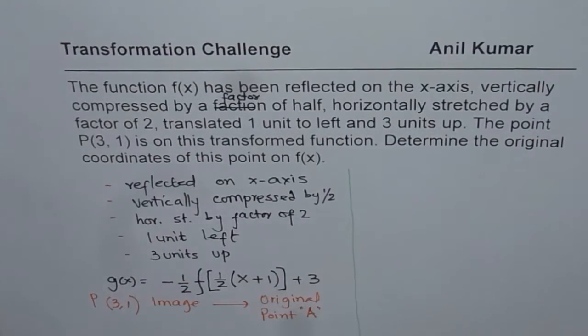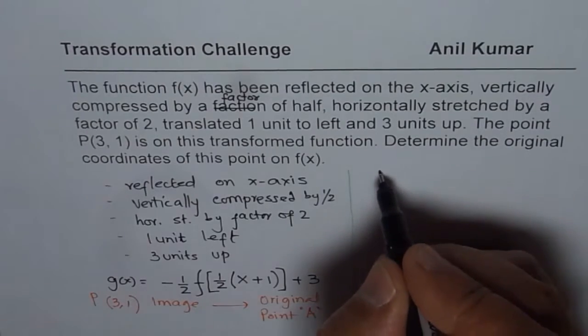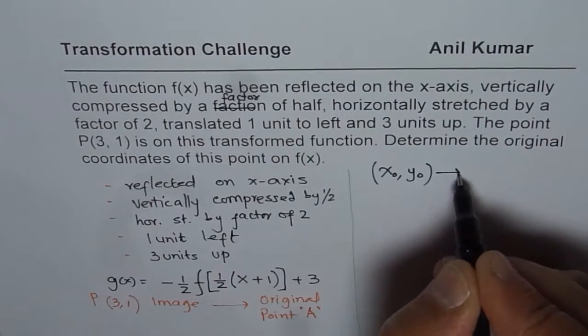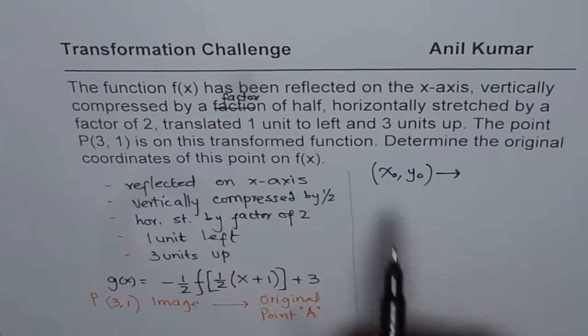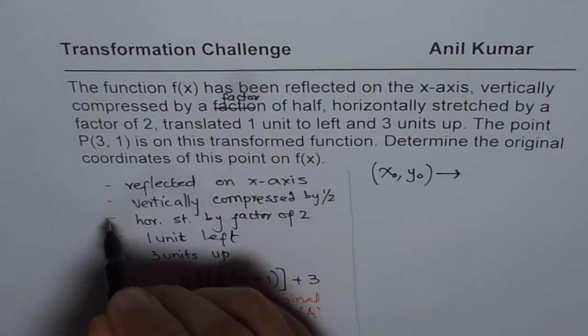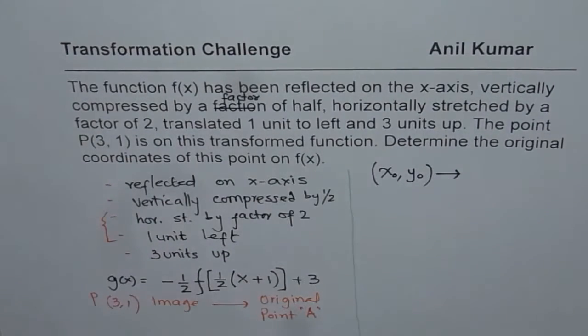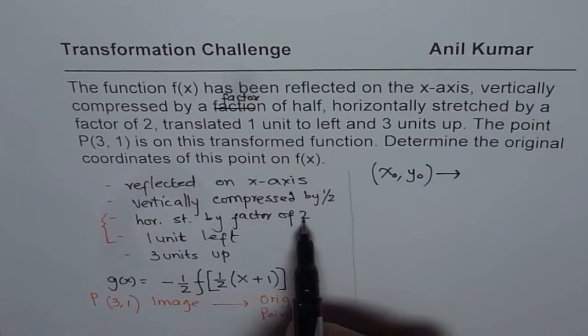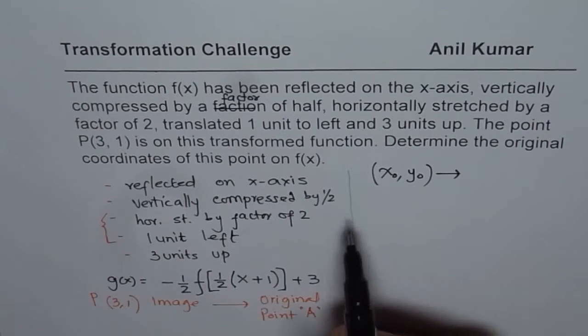On the right side of this page, we will see how we can answer this kind of question using transformation of points from original to the image. Let us say the original point is (x0, y0). When you transform this point, what happens to x? x is horizontal, so two things happen to x: horizontally stretched by a factor of 2, which means the x value gets multiplied by 2, and 1 unit left means minus 1.